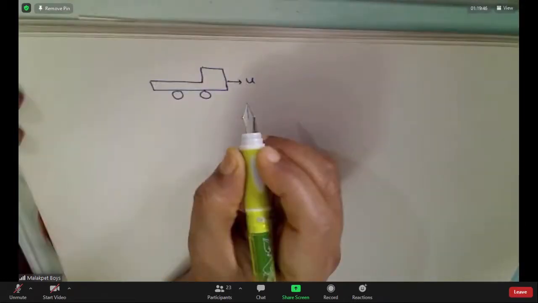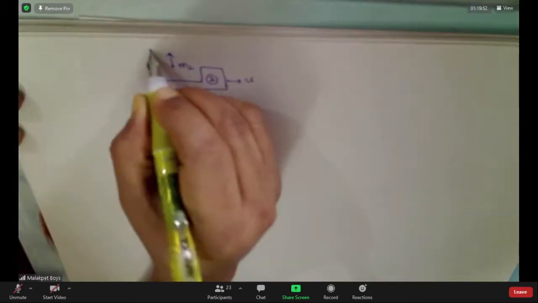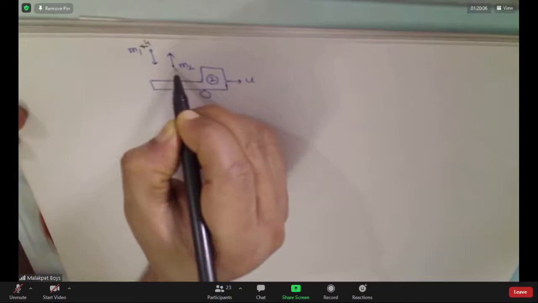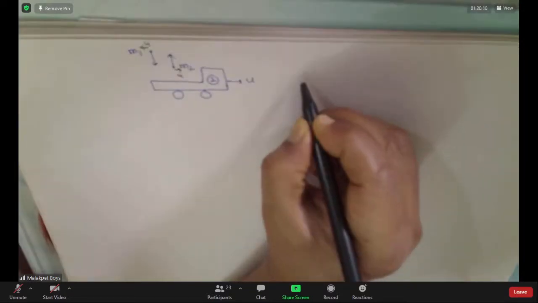This is truck 2, no? Now, from this M2 is going away and M1 is coming, no? Yes, sir. This M2 is having a velocity in this direction. Before throwing, this is having velocity in this direction.